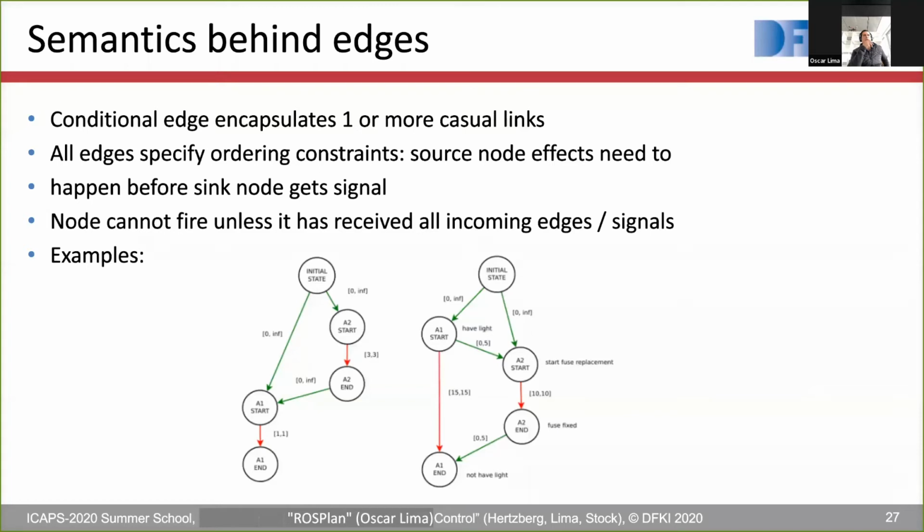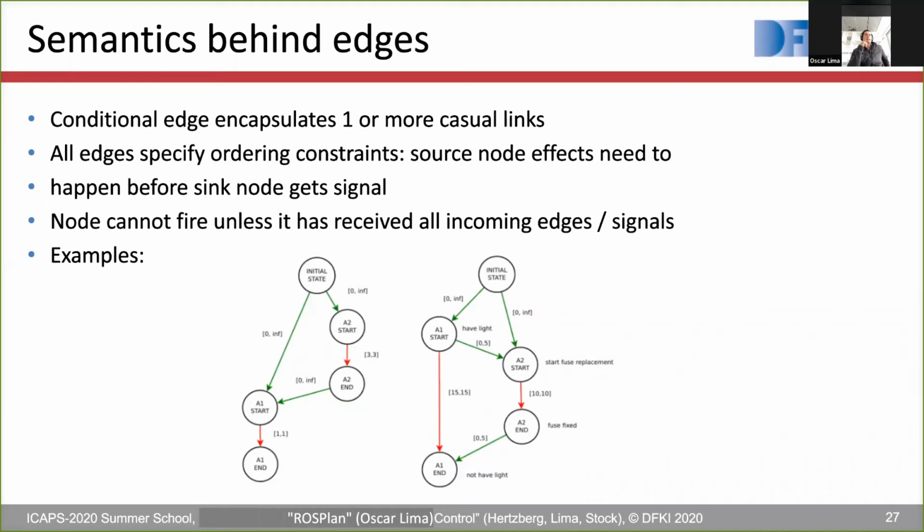What they mean is that there are causal links, so there are actions and effects in your actions. Here you only see one edge, but it encapsulates all of the causal links. So there could be one or more causal links encapsulated inside the one edge.